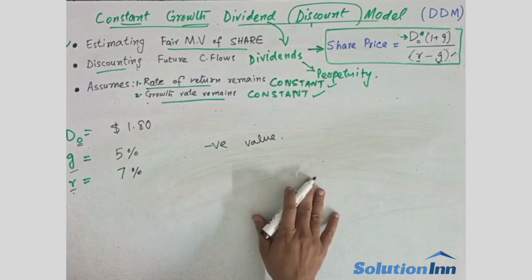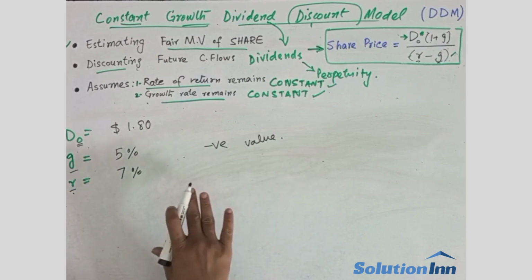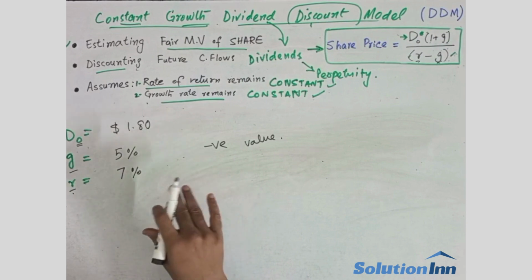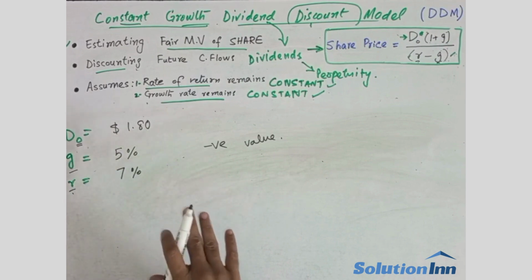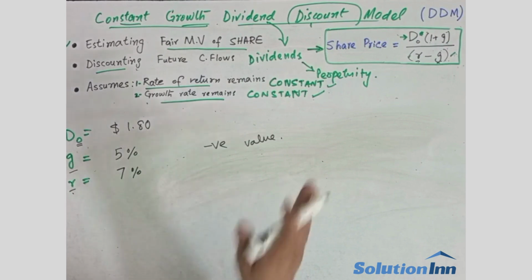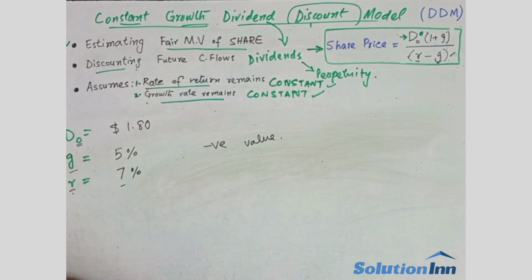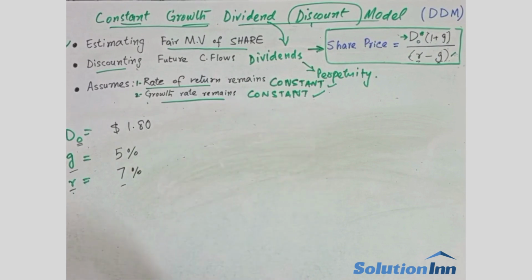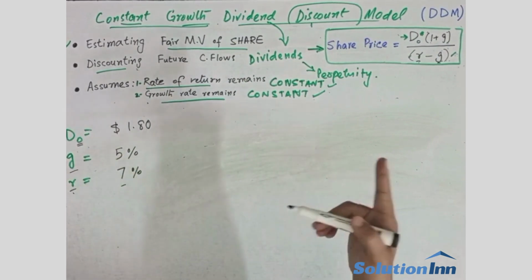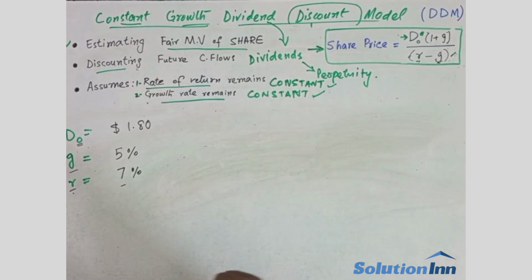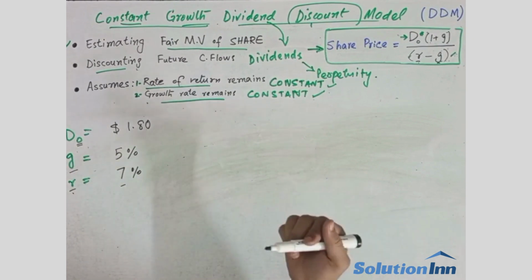So for the calculations to be realistic, the required rate of return should be higher than the growth.